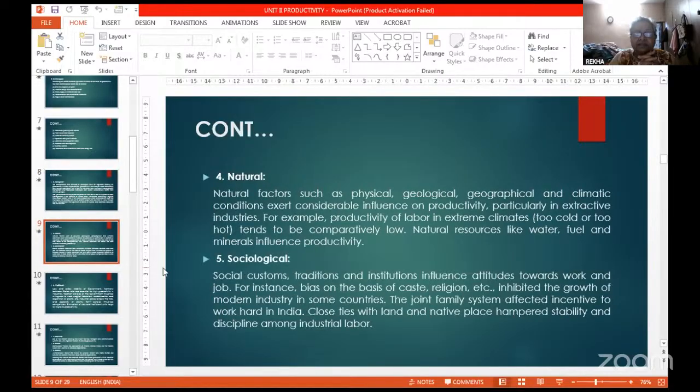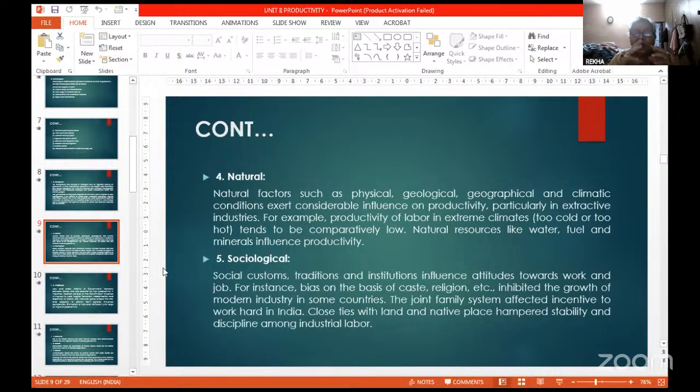Natural factors such as physical, geological, geographical, and climatic conditions have considerable influence on productivity, particularly in extractive industries. For example, productivity of labor in extreme climates, too cold or too hot, tends to be comparatively low.